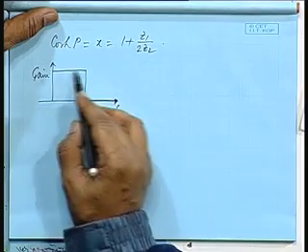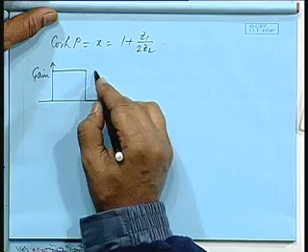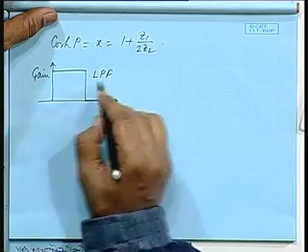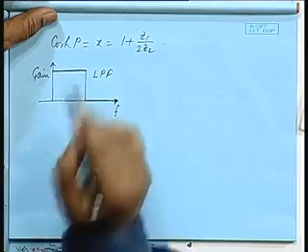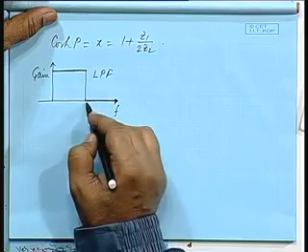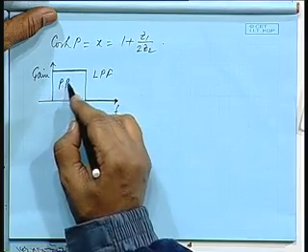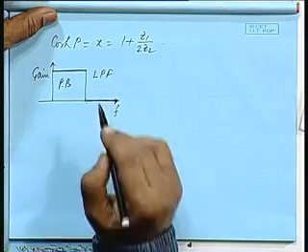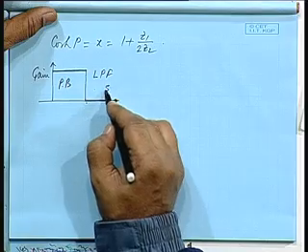This is the case of an ideal filter, an ideal low pass filter. An ideal filter will have a constant gain in the pass band, this is the pass band, and it has a 0 gain in the stop band.